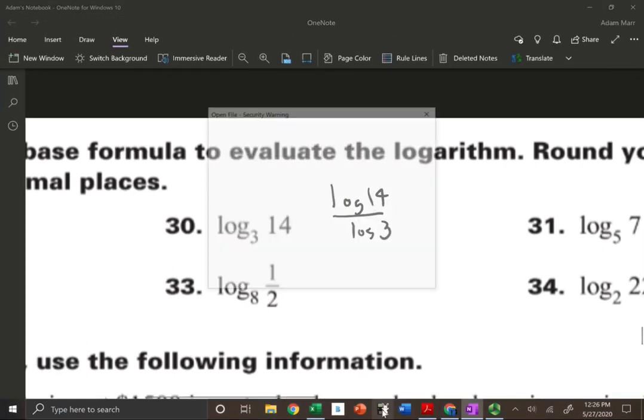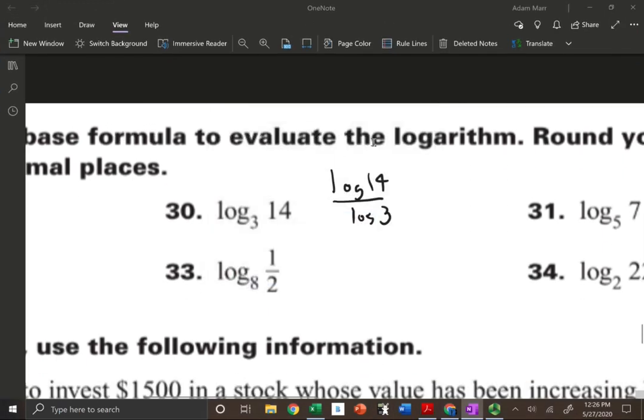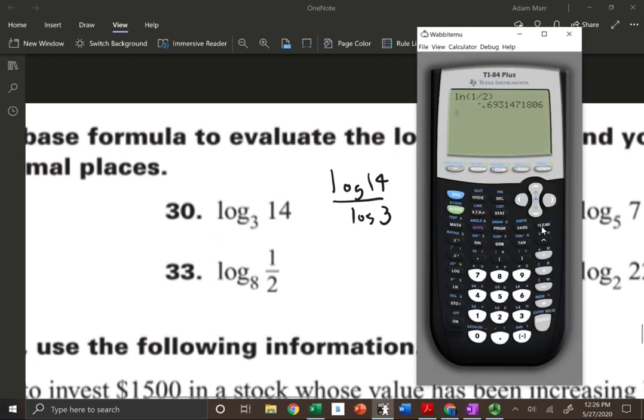I could just take my calculator out. Sorry, taking a second. But anyway, I would just do on my calculator log of 14, so that would just be log of 14 over log of 3. Make sure you close it up, don't forget that, divided by log of 3.